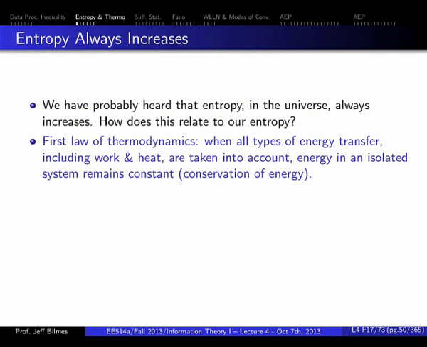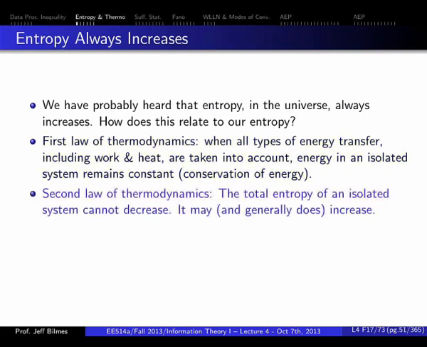The first law of thermodynamics is basically conservation of energy: when you consider all types of energy transformation or transfer, including the amount of work done and heat and all this other stuff, when the system is isolated, the total amount of energy is conserved. The second law of thermodynamics is that of entropy.